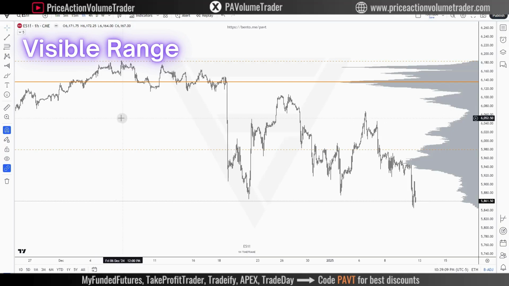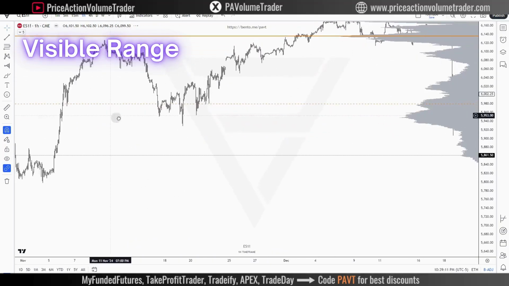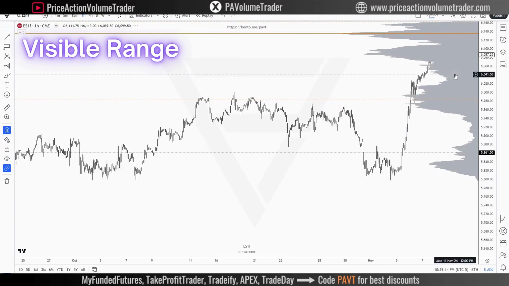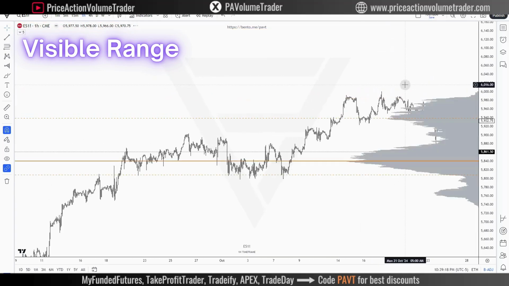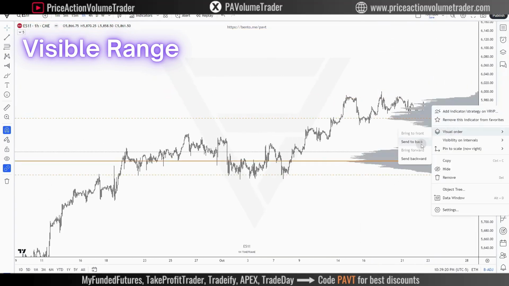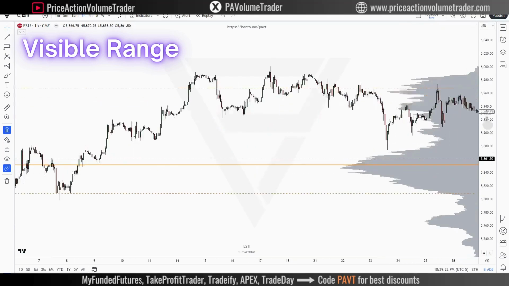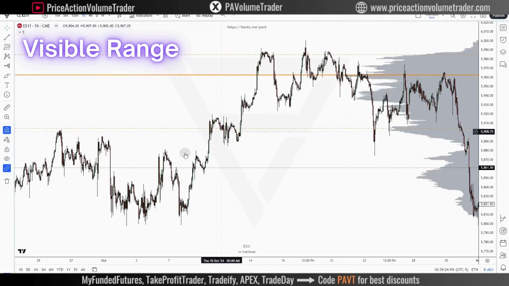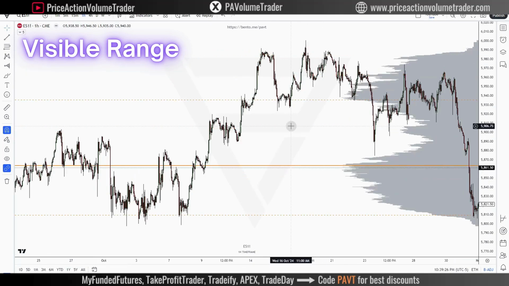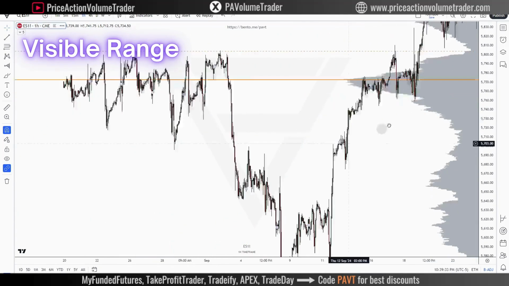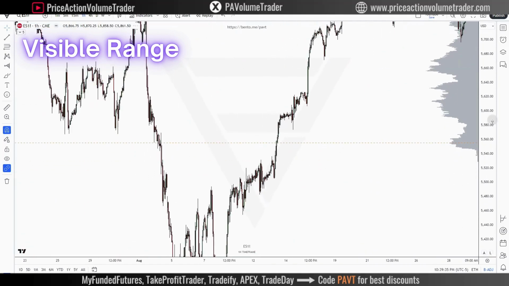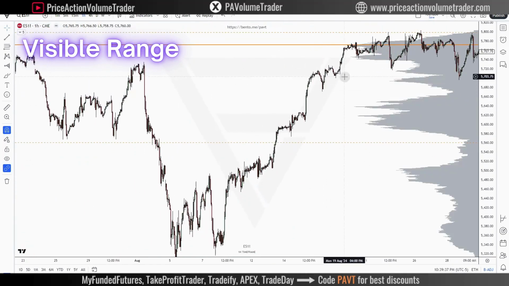But if I was to move this chart back, you can see the profile now starts changing. Now it's only going to show me a profile for whatever is on the screen at the moment, right there. And if I keep moving back, it's going to keep changing and just adapting to whatever candles I am showing on the chart.